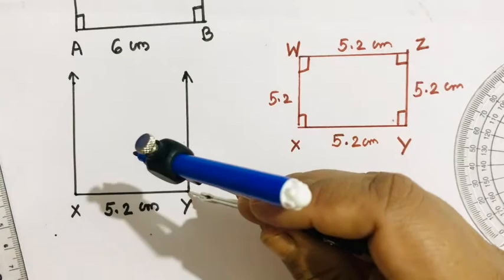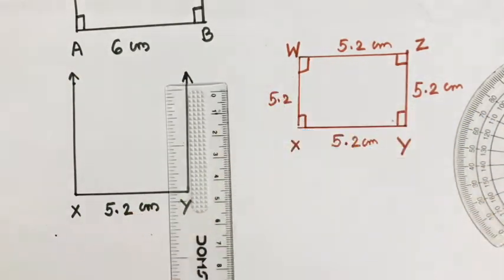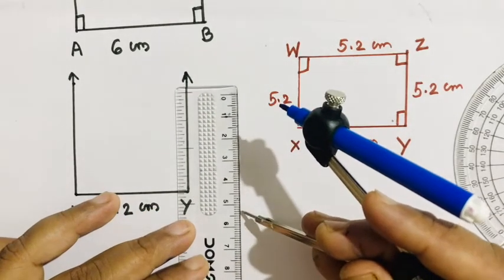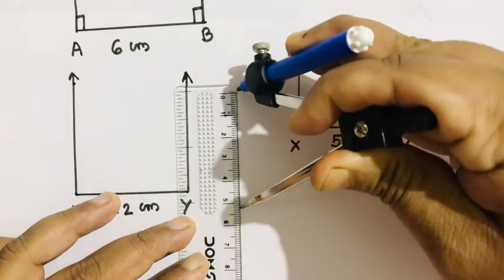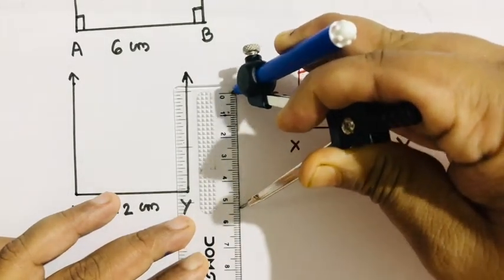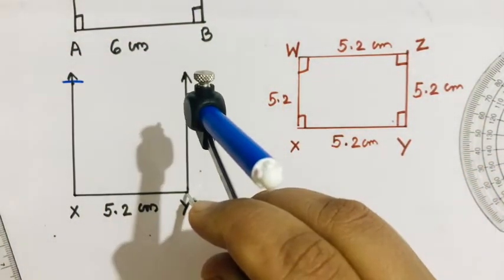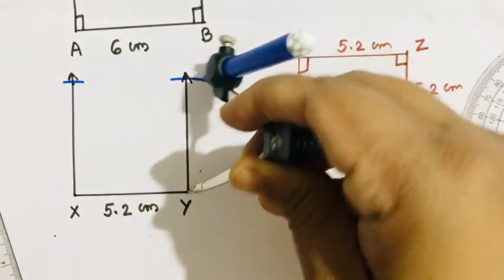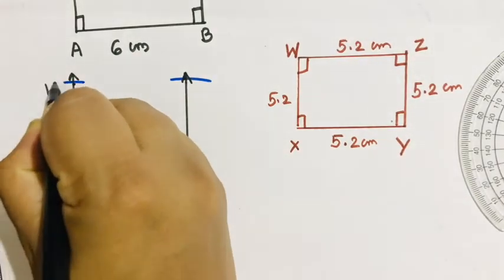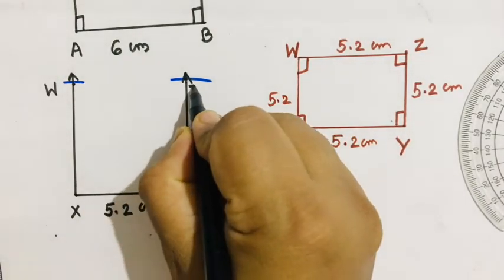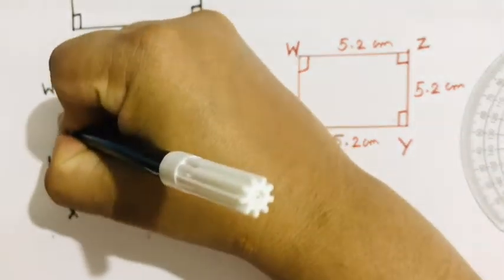Take a distance of 5.2 cm. Mark an arc. This point is W, this point is Z. Distance 5.2 cm.